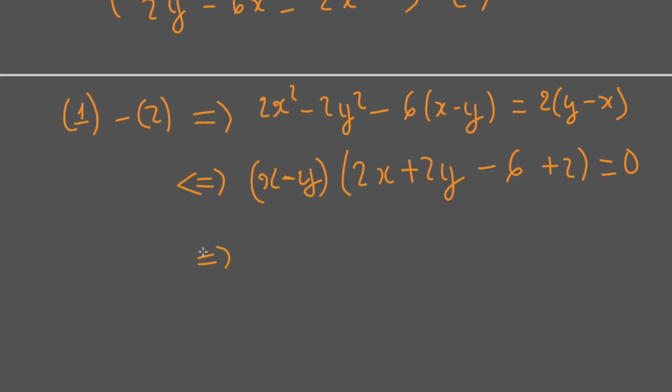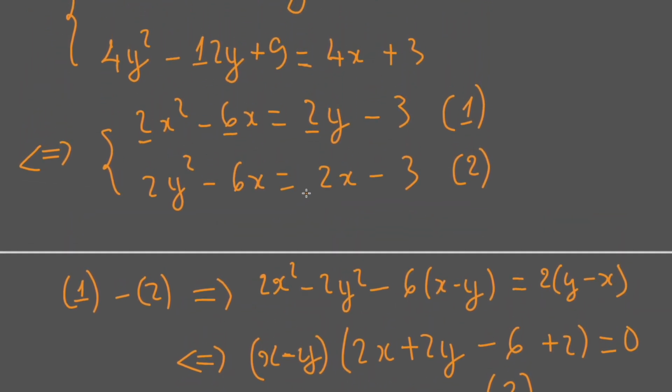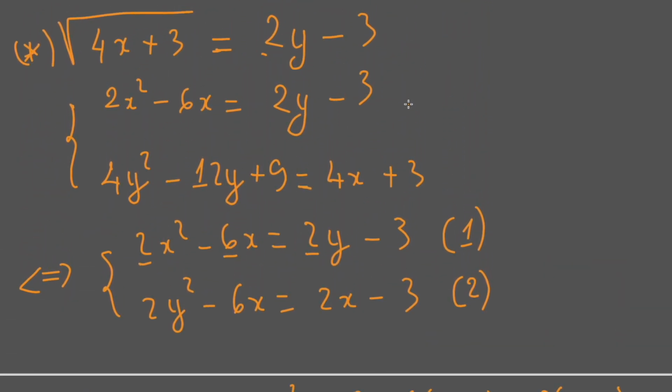Then we will have x equal to y or y equal to 2 minus x. From this, we name them 3 and 4, and we can replace them one by one into the first equation, which I name 5.